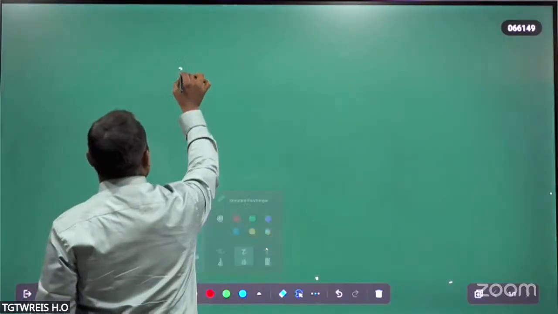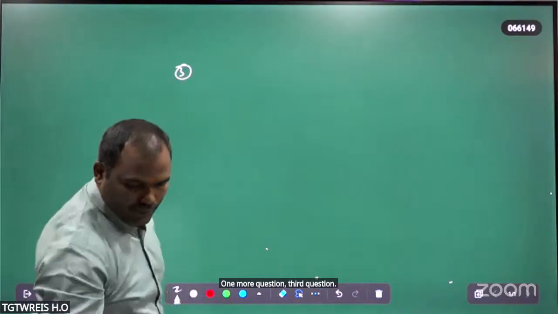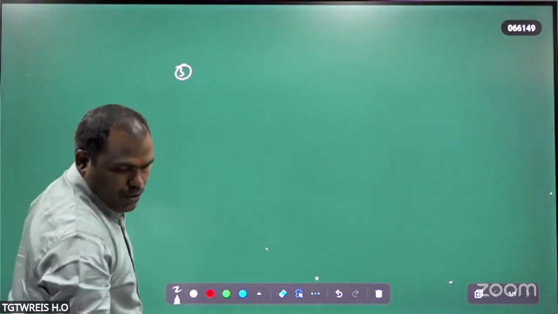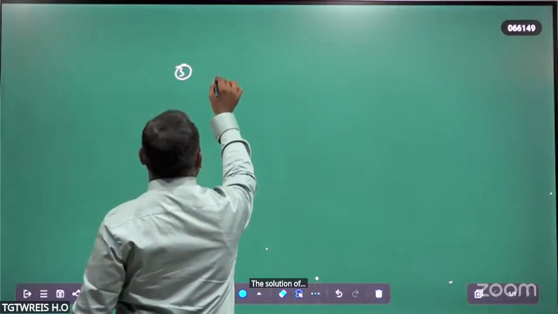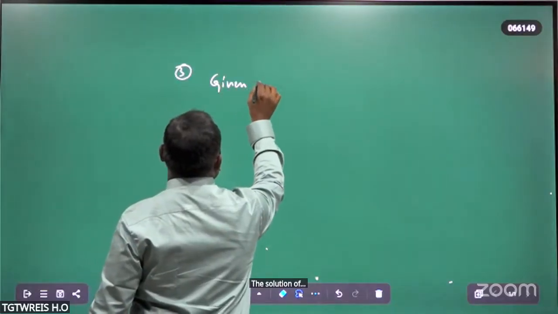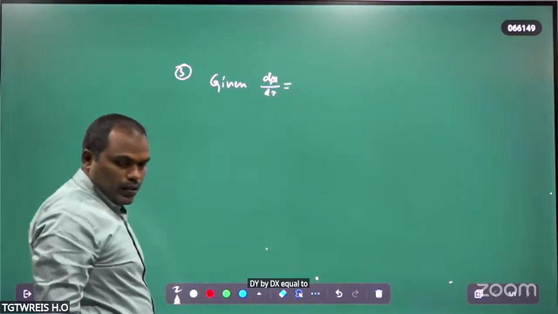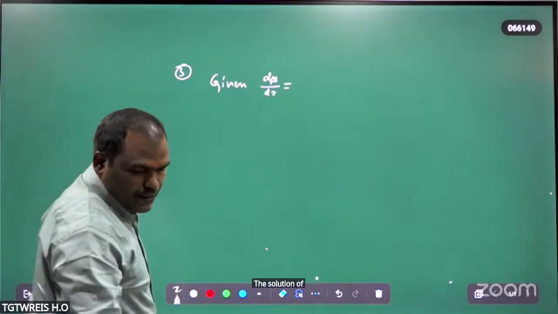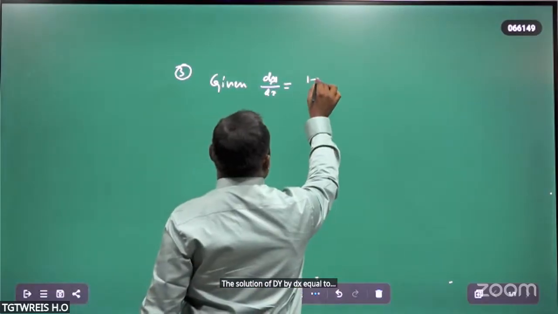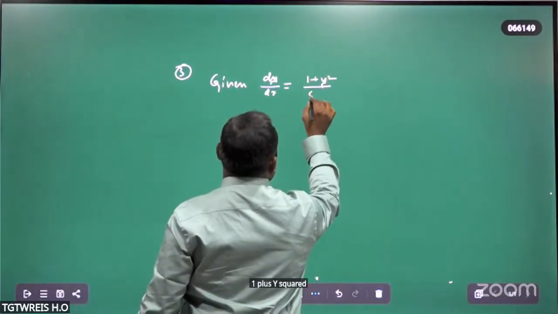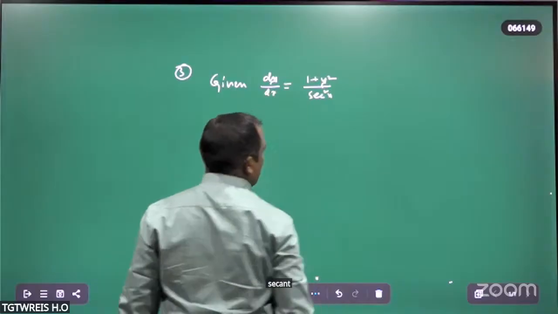One more question, third question. The solution of dy by dx equal to 1 plus y square by secant square x.